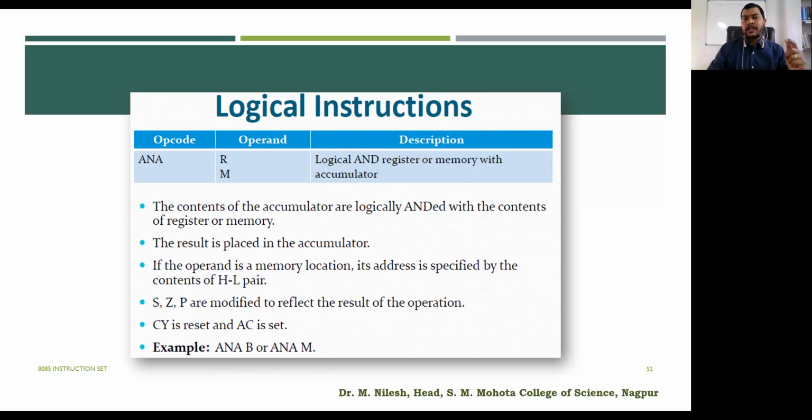So if I need to make the accumulator 0, I can use an instruction, and XOR is the instruction that we are going to use. Yes. So I will try that. I will show you that it will give you the result of the accumulator as 0, right? So this is the AND operation.